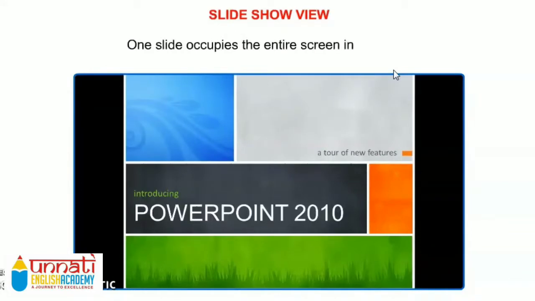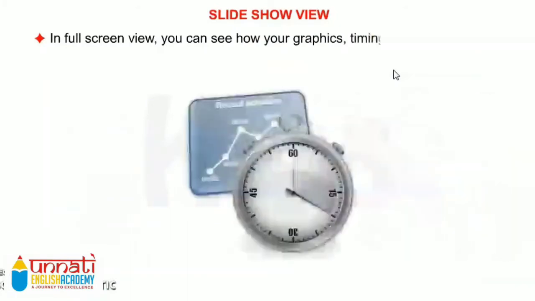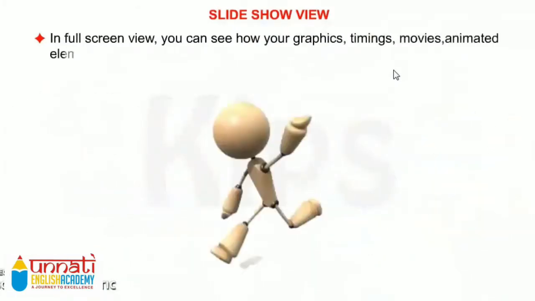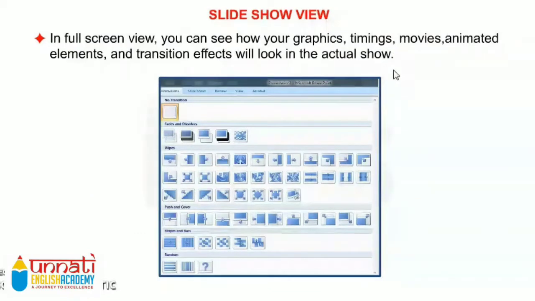One slide occupies the entire screen in this view. In this full screen view, you can see how your graphics, your timings, movies, animated elements and transition effects will look in the actual show. So this is the main presentation view that you will present to someone else.